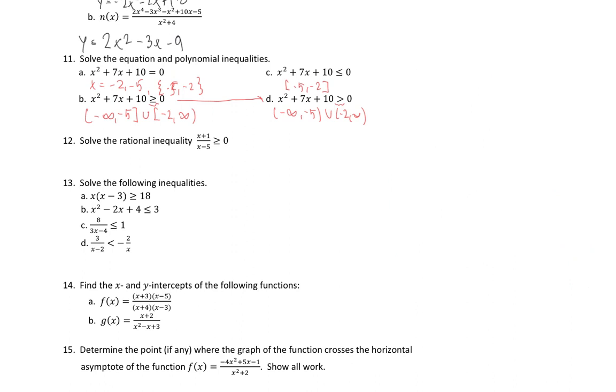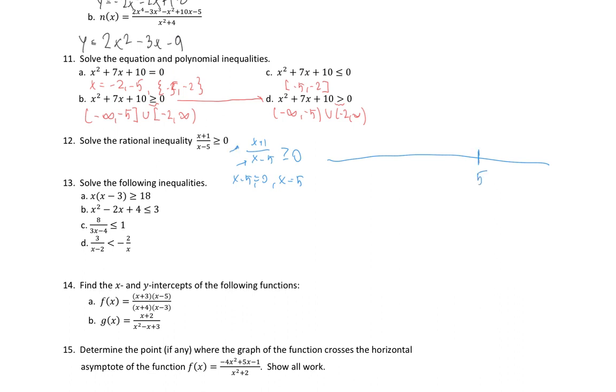Now moving on to 12, solve the rational inequality. Well, we have x plus 1 over x minus 5 greater than or equal to 0. So what I'm going to do is set up my number line, and I'm going to check a couple spots. I'll set the bottom equal to 0, and we get x equals 5. So I'll check at 5.